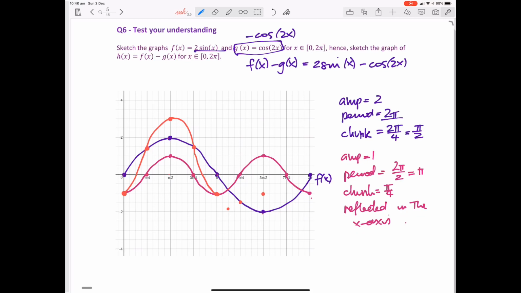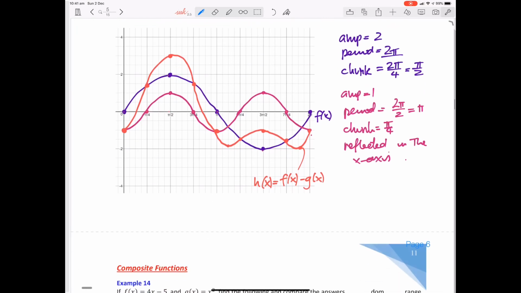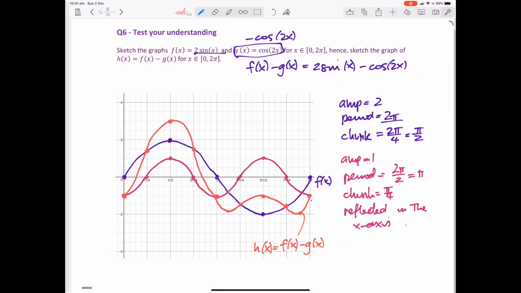If I add that value and this value together, it's going to be this value, because 0 and negative whatever. That value there is going to go down like that. And then if I add these two values together, I get that one there. So I go down, up, down, up. So that graph there is the graph of f of x minus g of x, which is also h of x. Now let's see how that looks graphically.